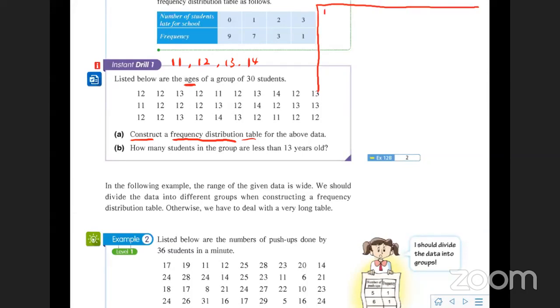In this case, the first column is ages of students. Then we have 11, 12, 13, and 14.